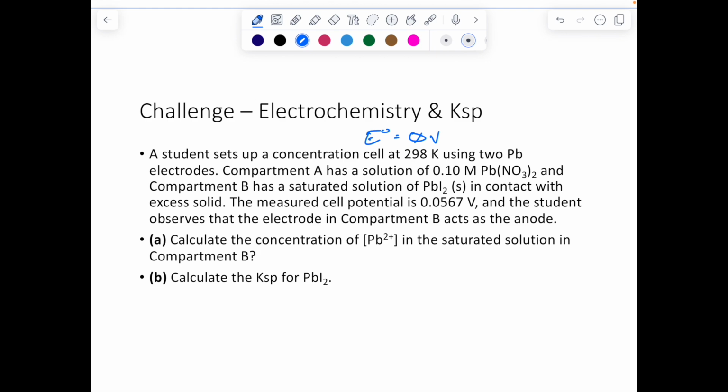Compartment A has a solution of 0.10 molar lead-2 nitrate, and compartment B has a saturated solution of lead-2 iodide in contact with excess solid. The measured cell potential is 0.0567 volts, and the student observes that the electrode in compartment B acts as the anode. So we don't know the concentration of compartment B. We just know it's saturated.